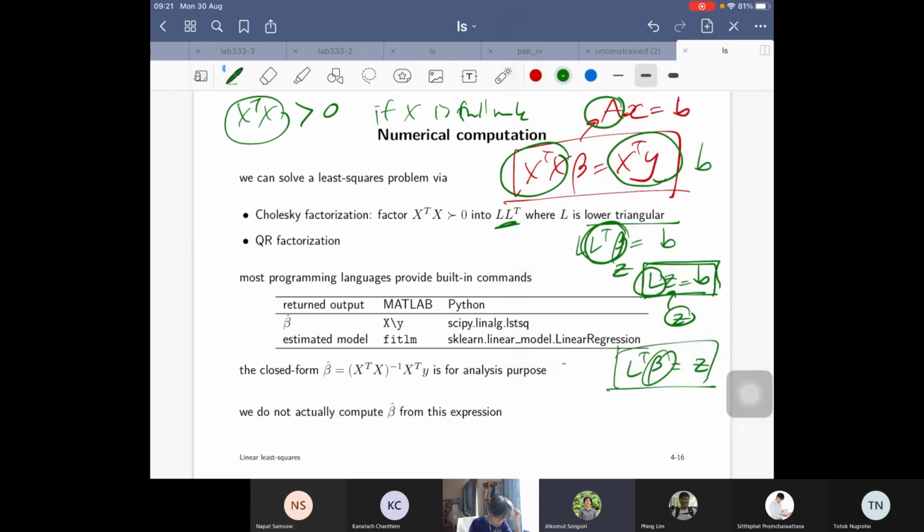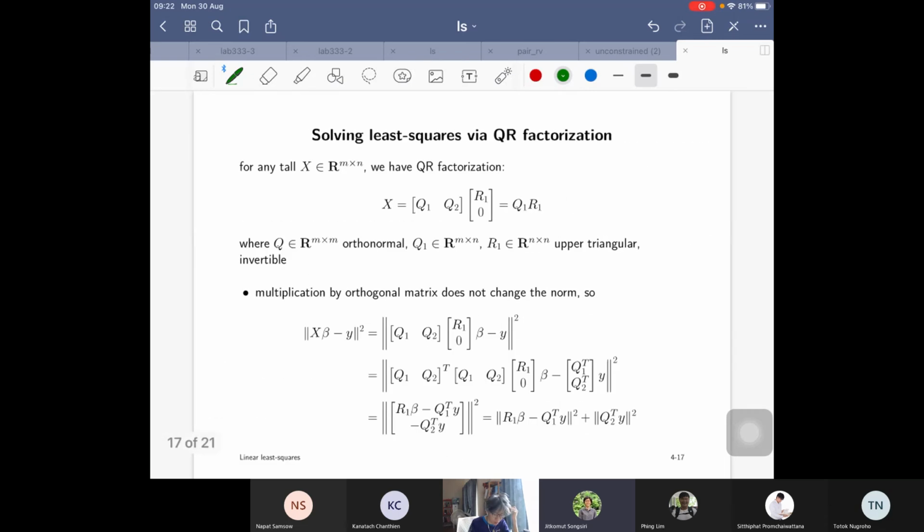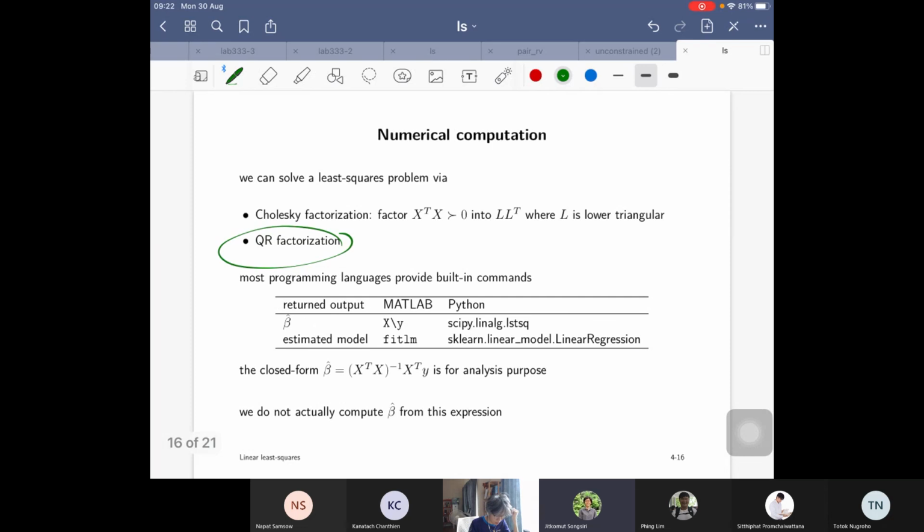Another way is to use the QR factorization, and that's actually the common practice to solve least squares. We're going to explain it later. But let me point out some library commands. For MATLAB, you can use backslash, the left divide.